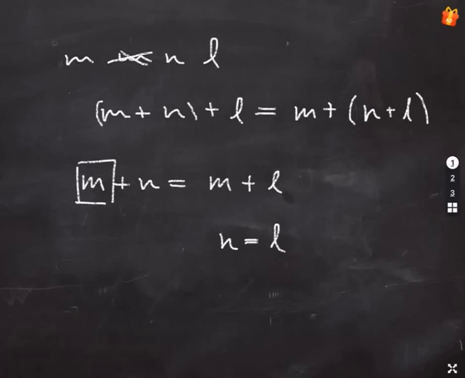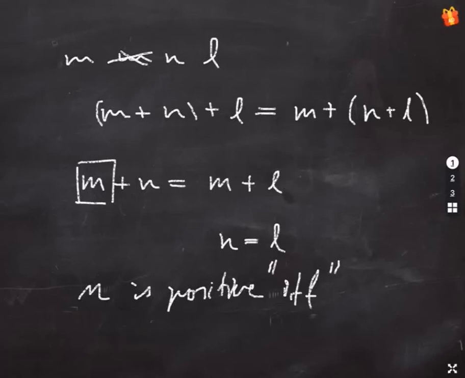So a natural number n, or whatever, is said to be positive if and only if, which I use in this short form, iff with double f, it is not equal to 0.